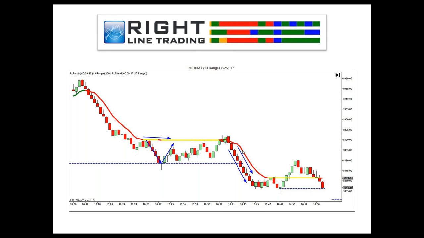Look at the slope of the modified 15 when price approaches this pivot. It's really significant. And price just smashes through the pivot. So you can compare and contrast the difference of price hitting the pivot here and price hitting the pivot here.